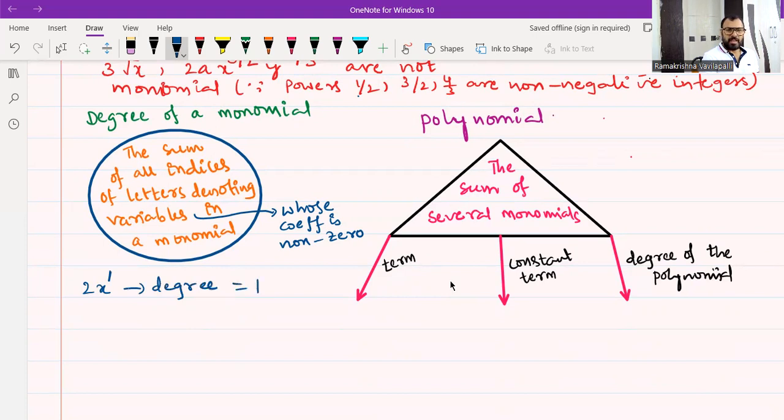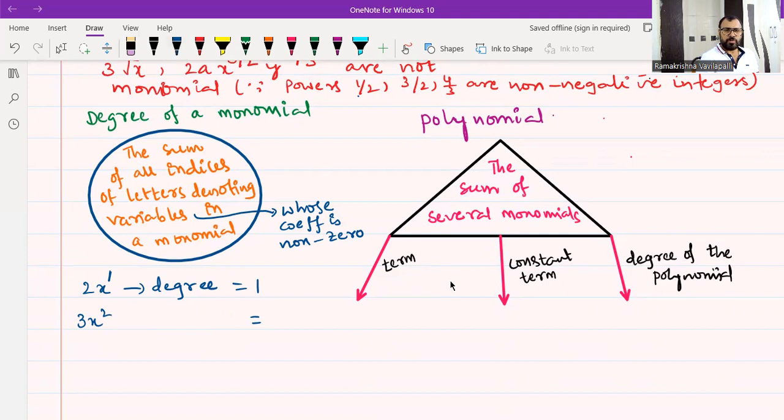Well, now let us take another one. 3x square minus 2x. What is the degree here? The degree must be the sum of all the indices of the variables in a monomial, right? The sum of all the indices. So it is not a monomial.